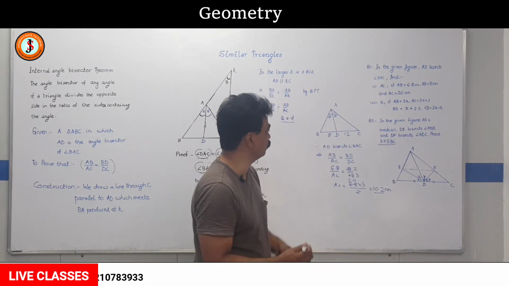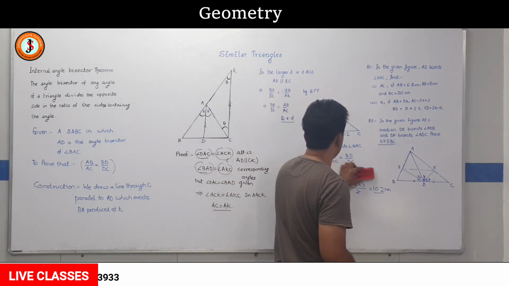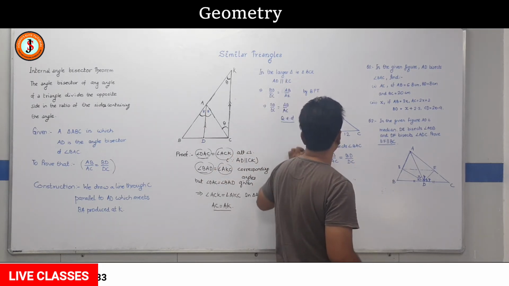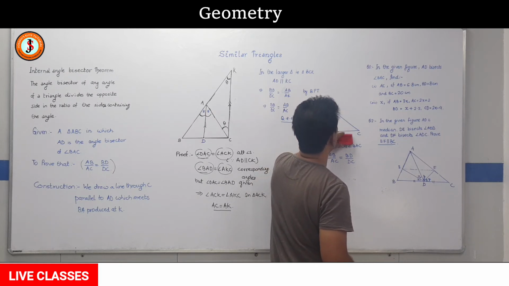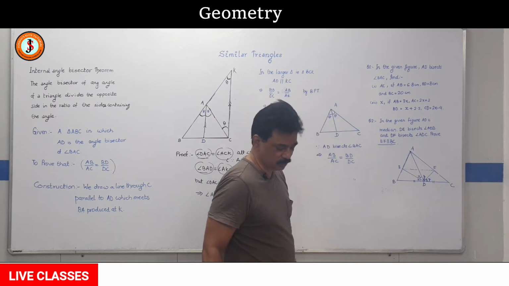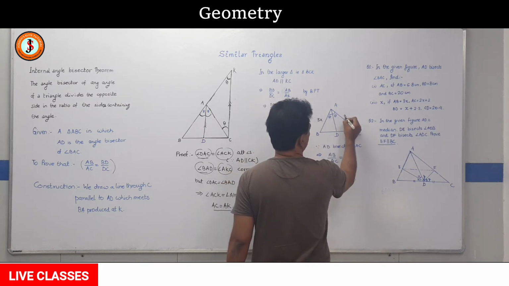I will leave it on you to find the value of x, or let me see if we can do that for you. Let us see. So I am removing this, I am removing this. Now we have to write AB is equal to 3x, AC is equal to 2x plus 2.